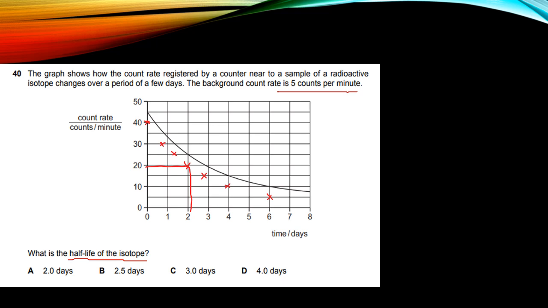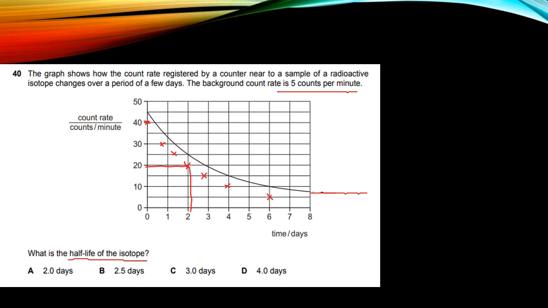Now this is very important because they gave you the background count rate over here. If you look at the graph, initially it becomes horizontal at 5. That means the existing radiation, anything after it has crossed this point, is just going to be due to background radiation, not due to your sample itself.